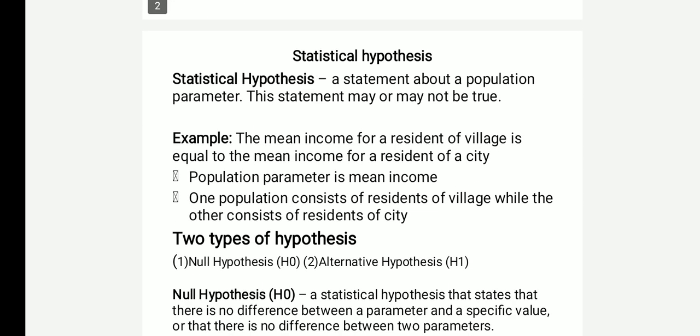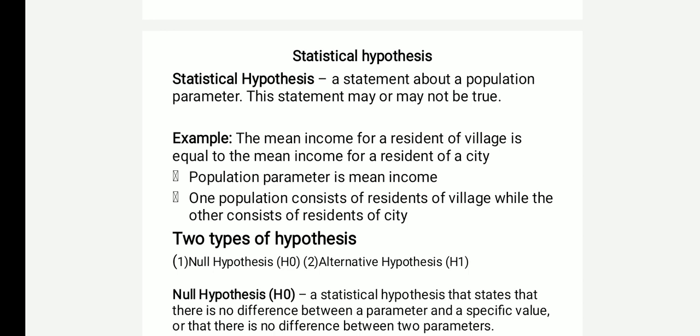Next, a statistical hypothesis is a statement about the population parameter. This statement may or may not be true. Again, the tire company produces tires, then makes a statement that the life of the tire is 60,000 kilometers.